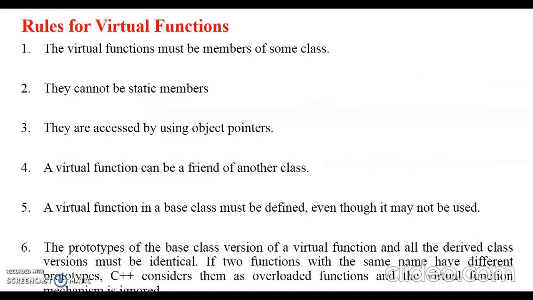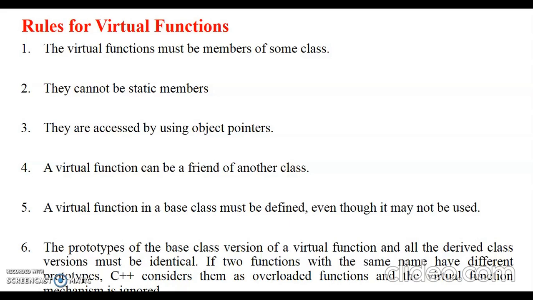There are some rules associated with virtual functions. First, virtual functions must be members of some class. Only a class function can be virtual; normal functions cannot be virtual functions. They cannot be static members, so you cannot write virtual functions for static members.